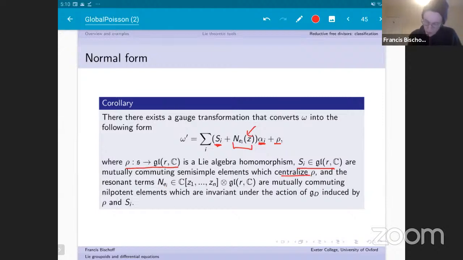And they're invariant with respect to an action of this Lie algebra. So this Lie algebra acts on the base, c to the n, and therefore it acts on the polynomial ring. And through this representation, the linear approximation, it also acts on here. And so the resonant terms are going to be invariant elements inside of here.